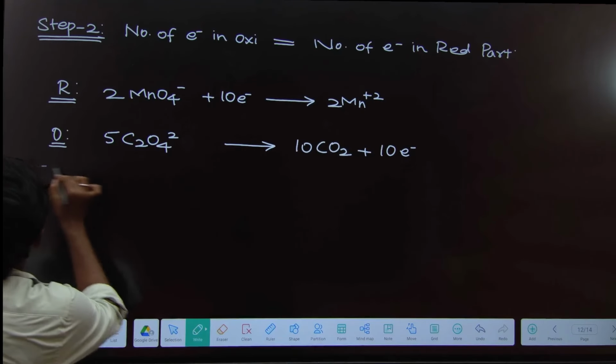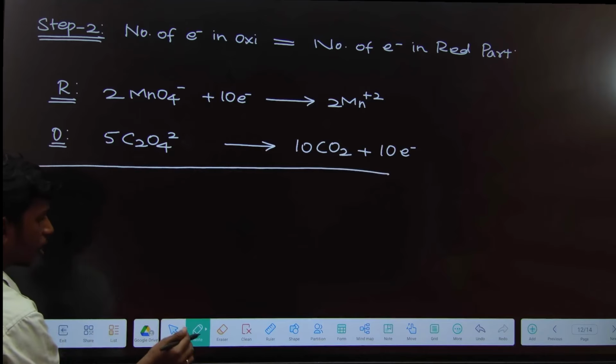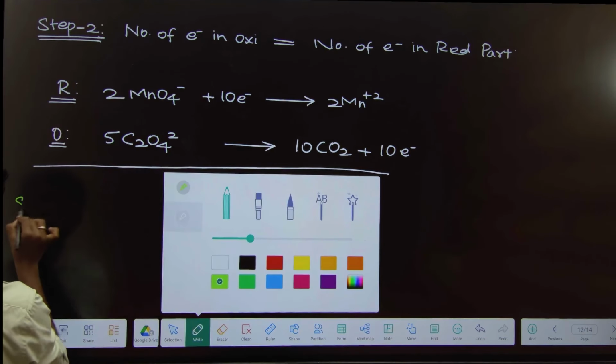Okay, this is rule number 2, step number 2 done.